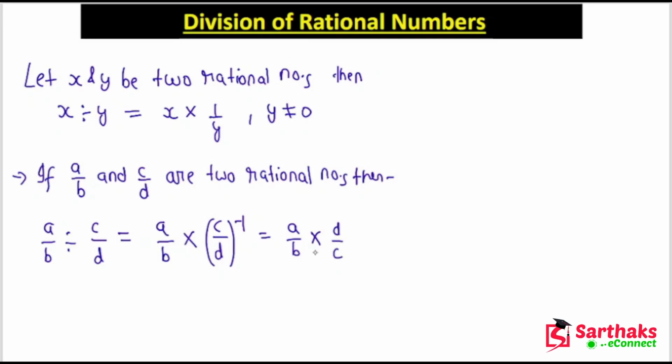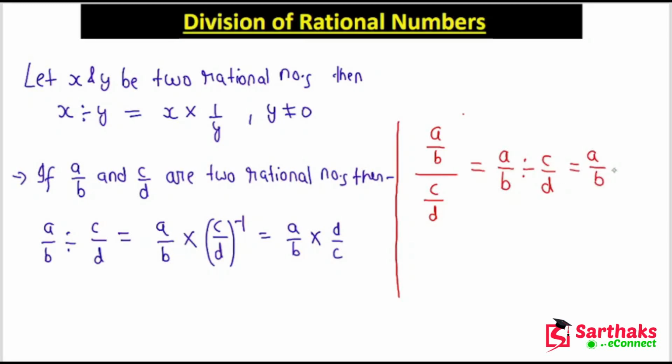Now let me take this opportunity to tell you that sometimes you get expressions like a upon b whole upon c upon d. How can you solve them? Whole a upon b can be treated as a numerator, so a upon b is getting divided by c upon d, and then you can apply the principle, that is d upon c.